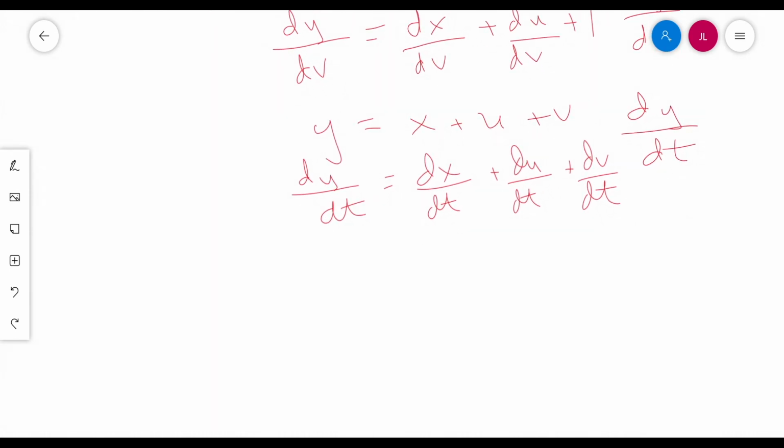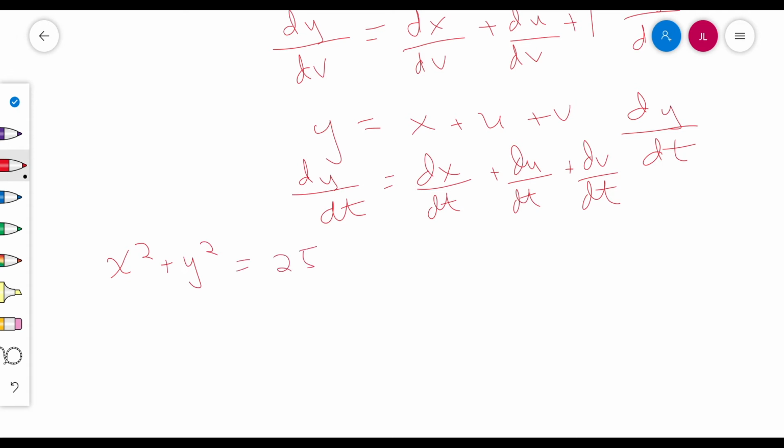So let's consider this in a slightly more interesting example. Suppose we have x squared plus y squared equals 25, just like we did when we only wanted dy/dx. But now I want dy/dt.